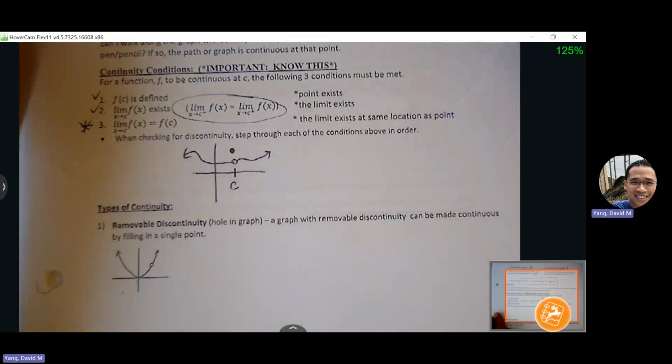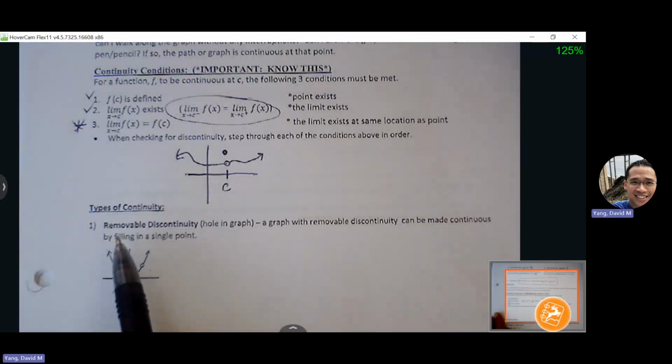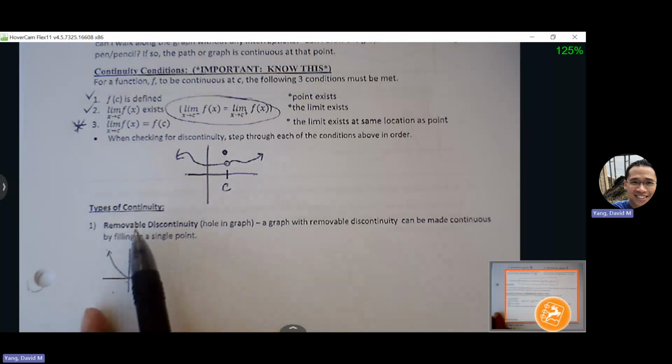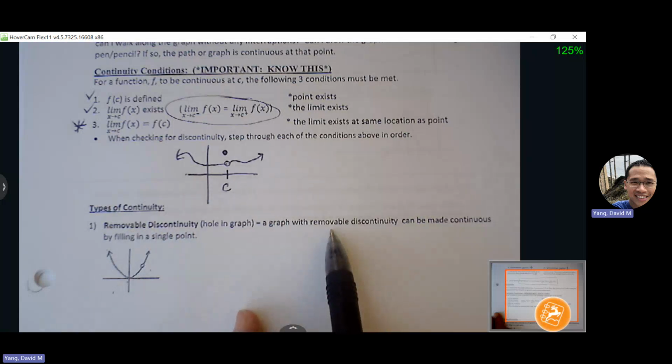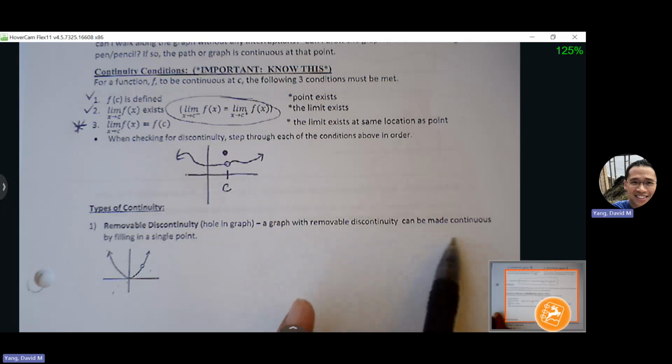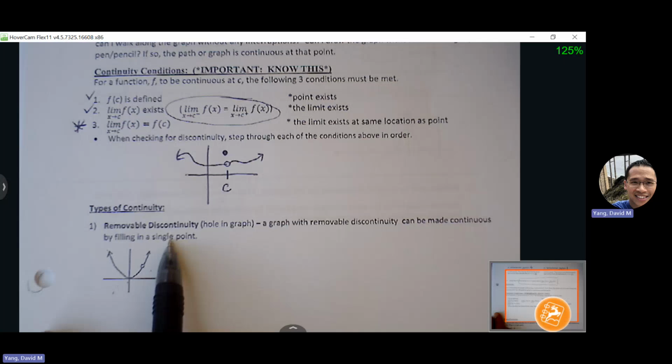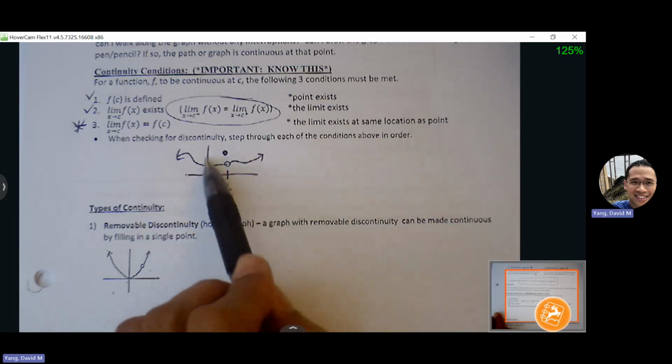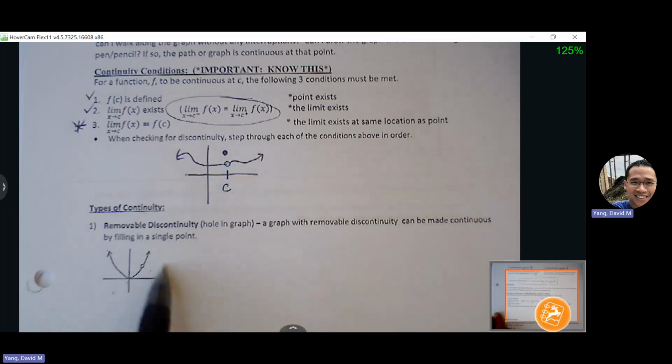Okay, we're going to talk about what type of discontinuity this is. The first is a type of discontinuity called hole discontinuity or a removable discontinuity. A removable discontinuity is one that can be made continuous by filling in a single point. So this one will be a removable discontinuity, and so would this also be a removable discontinuity.